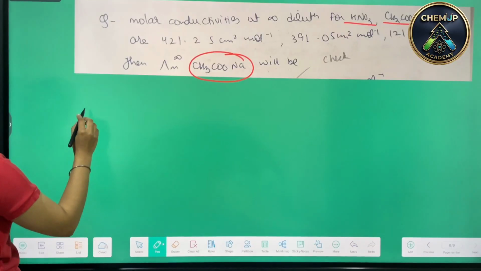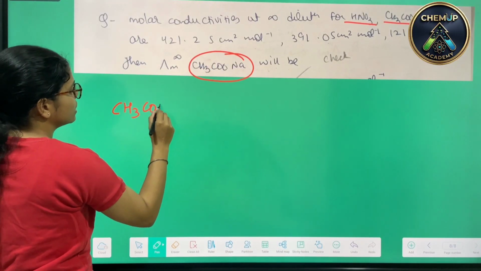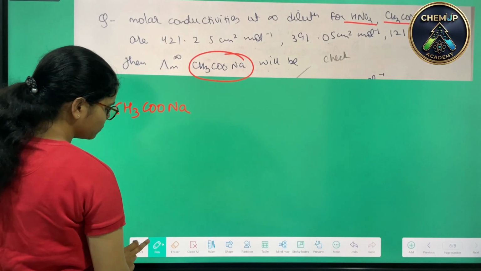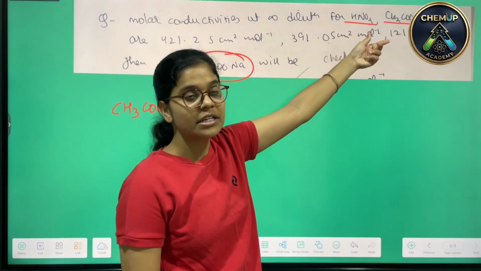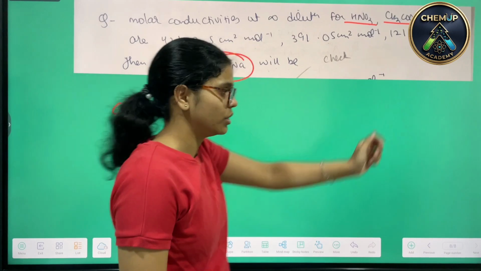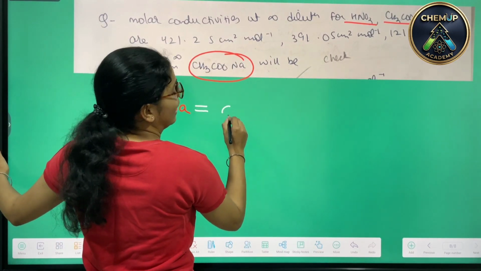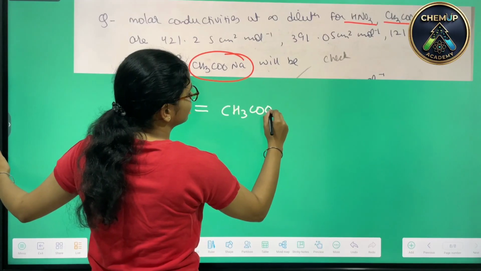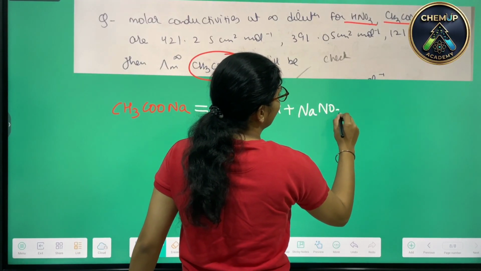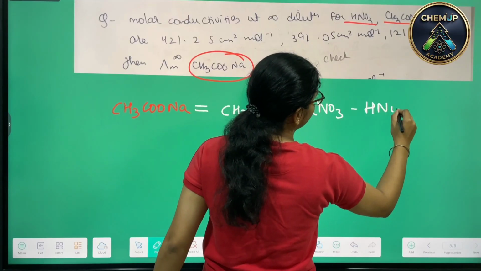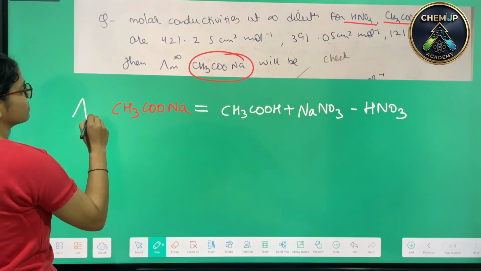So a simple question which says, how can I make CH3COONa from the solutions that have been provided to me? Which are the solutions? HNO3 is there, acetic acid and NaNO3 are there. So how can we make it? We can add acetic acid with sodium nitrate and then we can subtract nitric acid. Like this we can do, and we can just place the values.